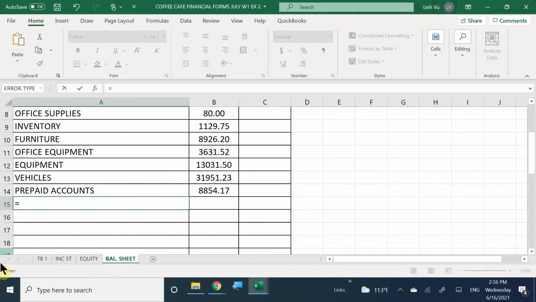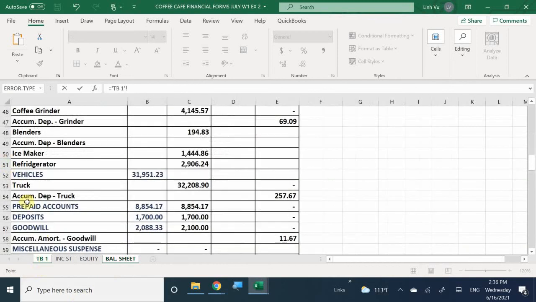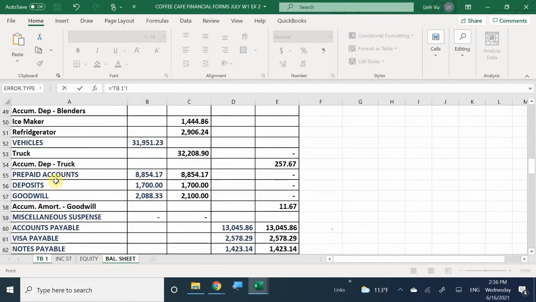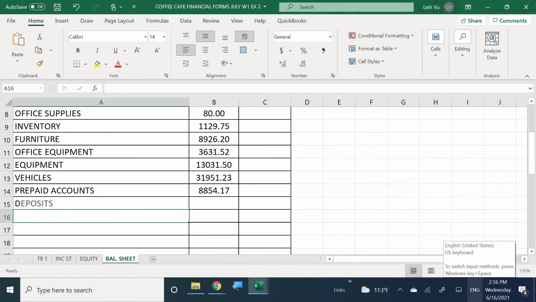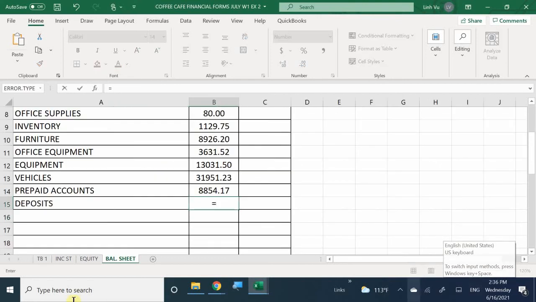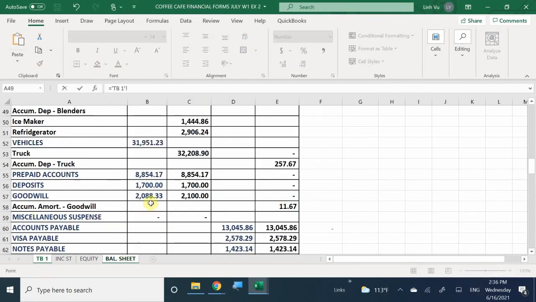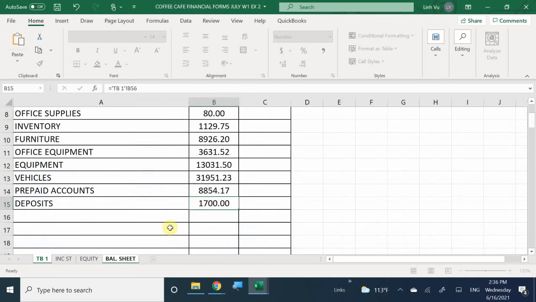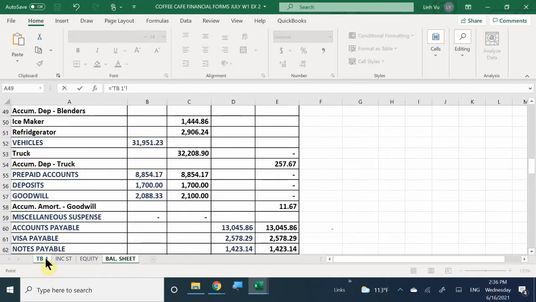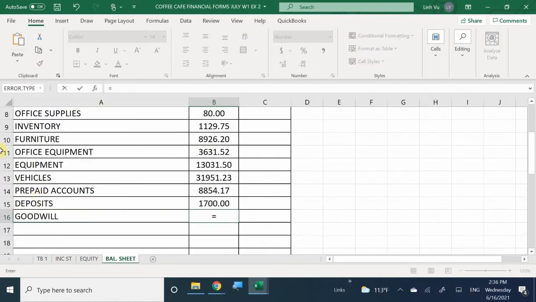Okay. Deposits for 1,700. And Goodwill for 2,100. Okay, so is Goodwill 2100 right now? 2833. Yes.